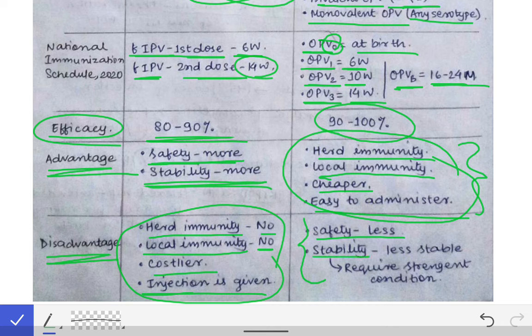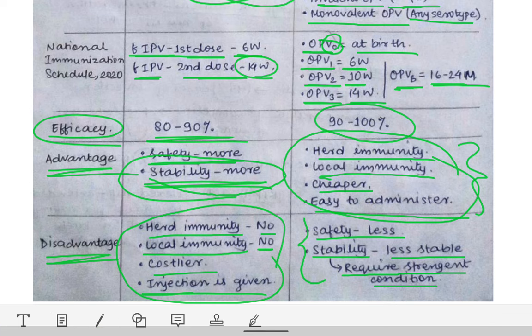Then the stability is less, and due to less stability it requires stringent conditions to keep it stable. But there is no need of these stringent conditions in case of the fractionated IPV because it has more stability. So this safety and stability are less of the OPV, and that's the disadvantage of OPV.